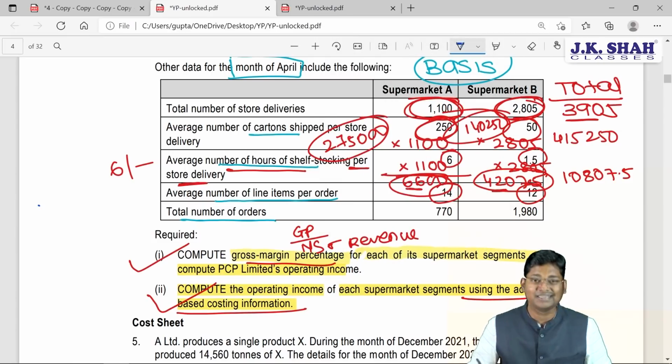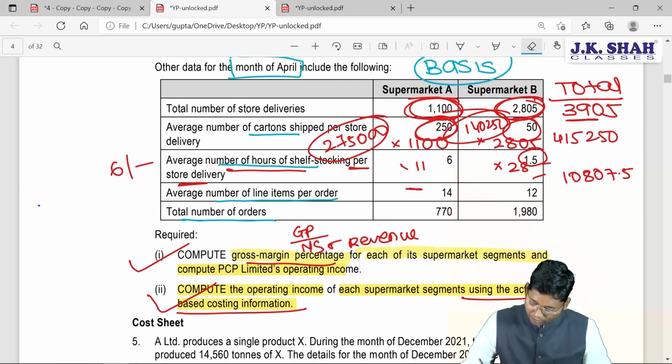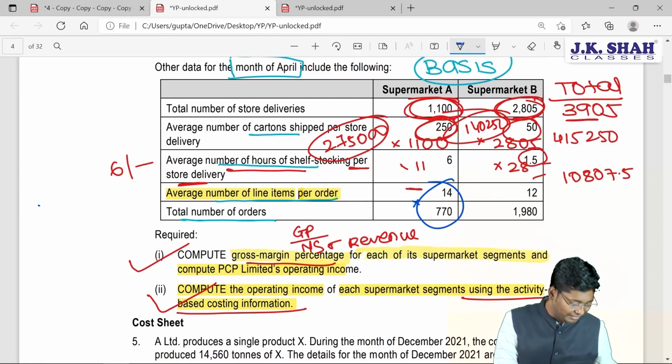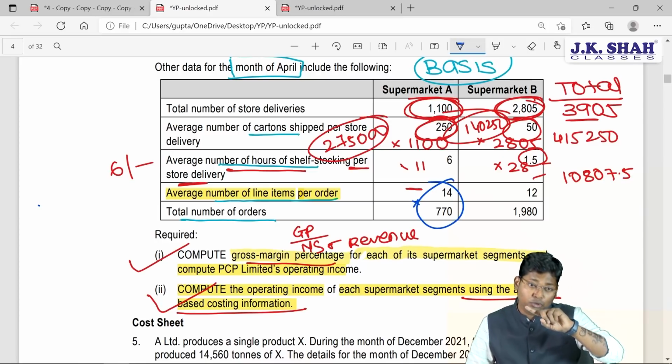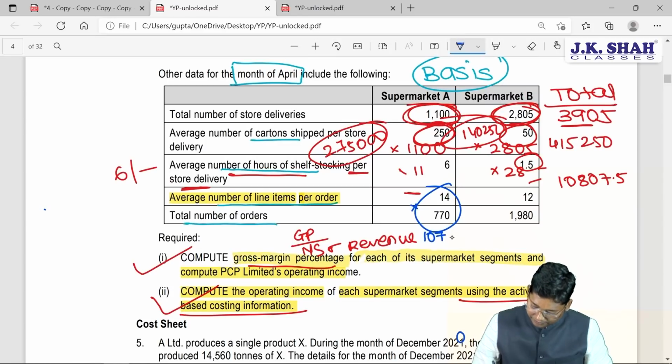Students always get confused about which element we should connect this data with. Now try and understand what is given. Average number of line items per order. So if you want to take the total, you should multiply this 14 with the number of orders, and the number of orders is 770. 14 into 770. So to fulfill all the orders, a total of 10,780 line items are needed.